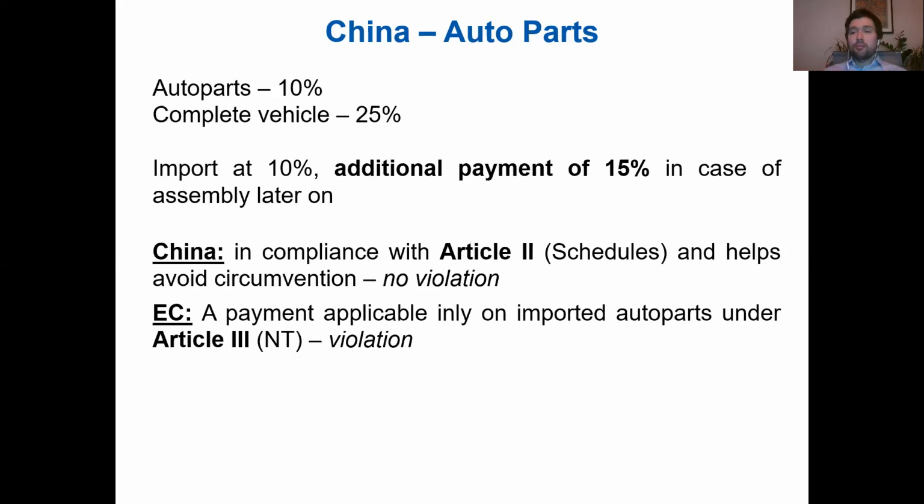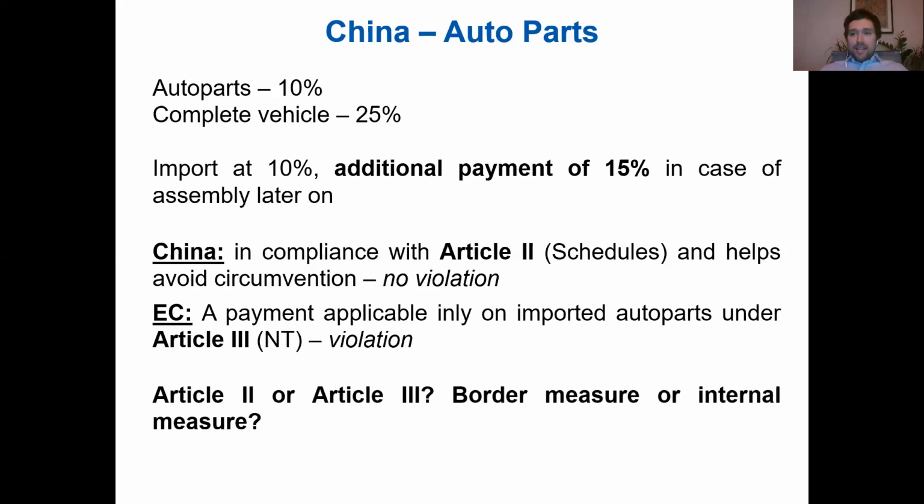So under Article 3.2, they cannot be taxed in excess. And this is excessive taxation. You taxed us in excess of the like domestic components. And therefore, depending on how we qualify this payment, whether it's a matter of schedules and it's a customs duty, or whether it's an internal tax, we will arrive at opposite conclusions. There will be either a violation on the side of China or there will be no violation on the side of China.